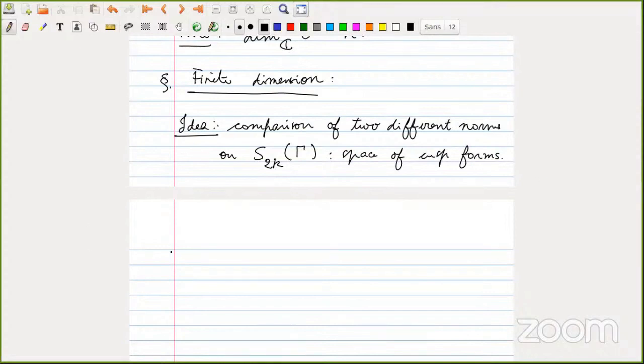So we give the sketch of the proof only for weights that look like (k, k); the idea is there.